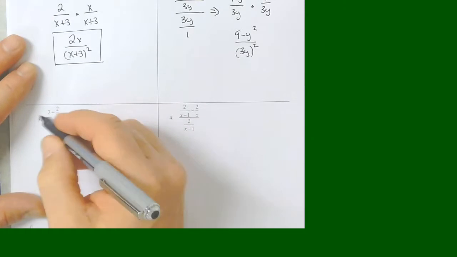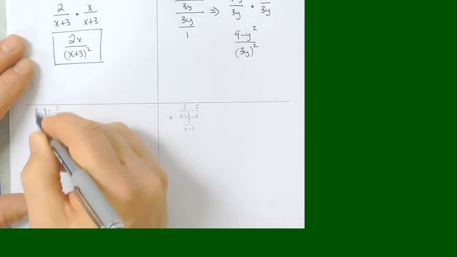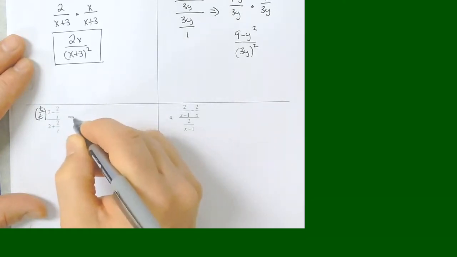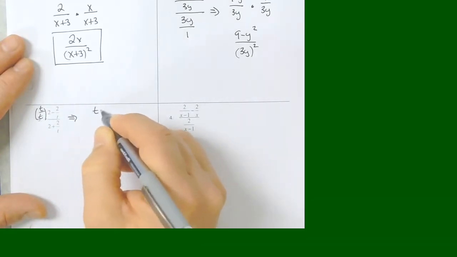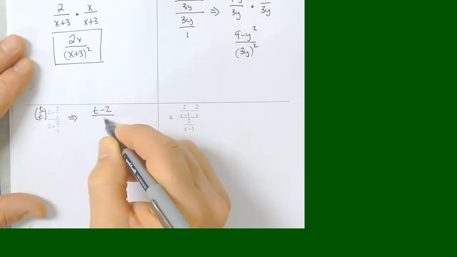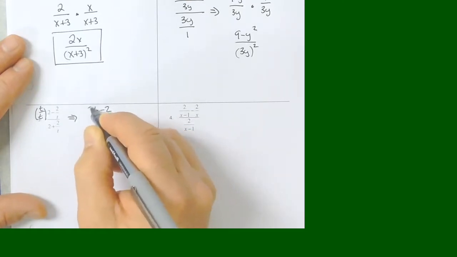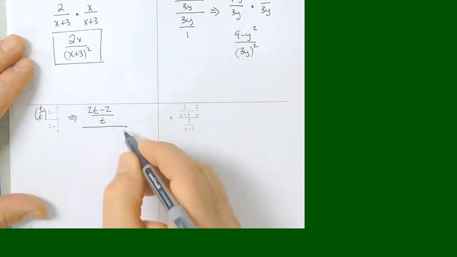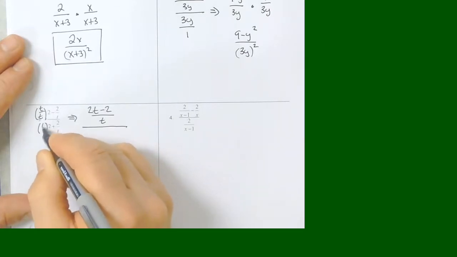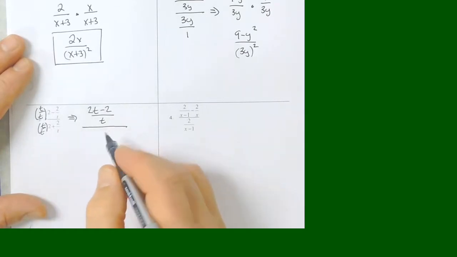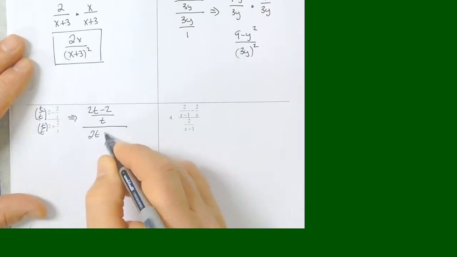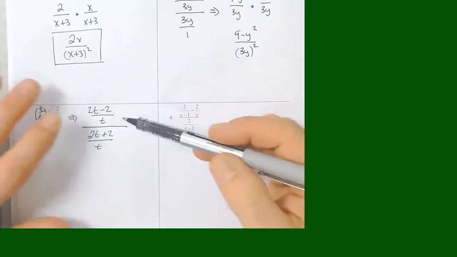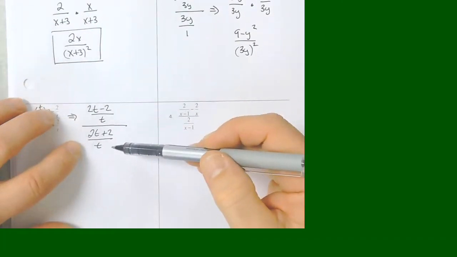We see that we don't have a common denominator on top. I'm going to multiply by t over t. That will give me 2t minus 2 over a common denominator of t. I'm going to get a common denominator here by multiplying by t over t. That will give me 2t plus 2 over t. Now I've got one fraction on the top, one fraction on the bottom.